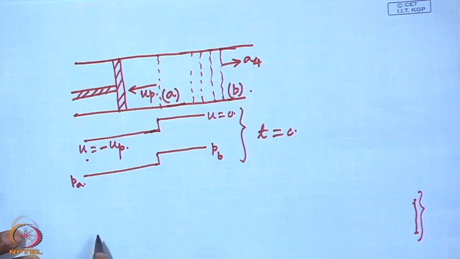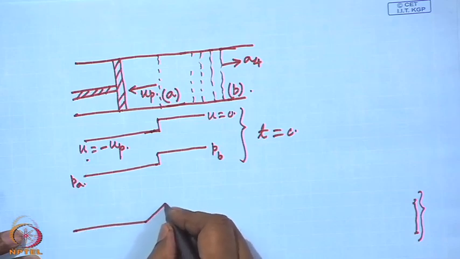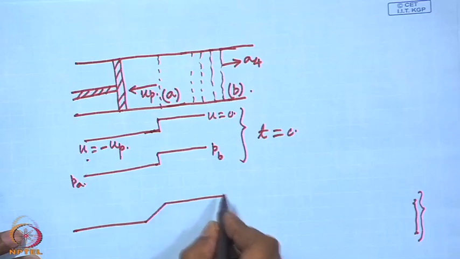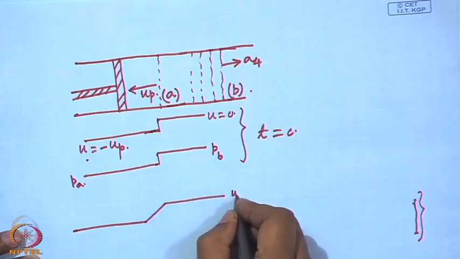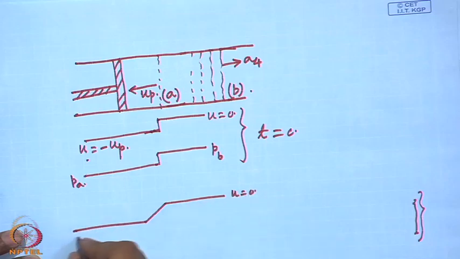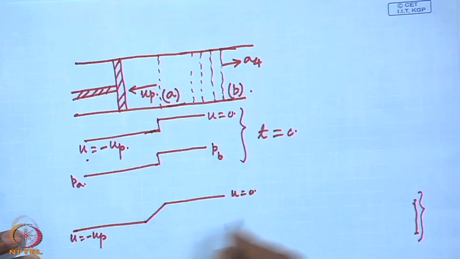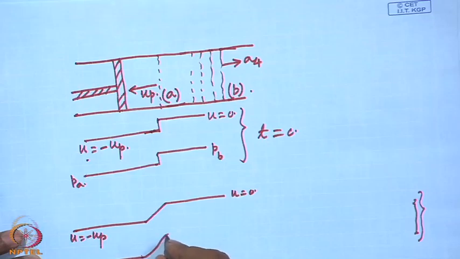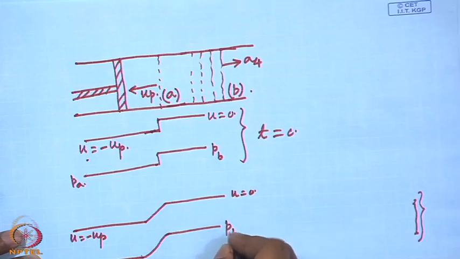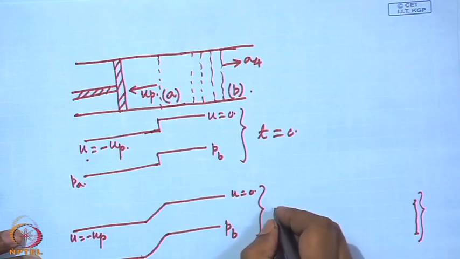So, after a certain time t 1, and similarly the pressure distribution will be as shown at time t 1.